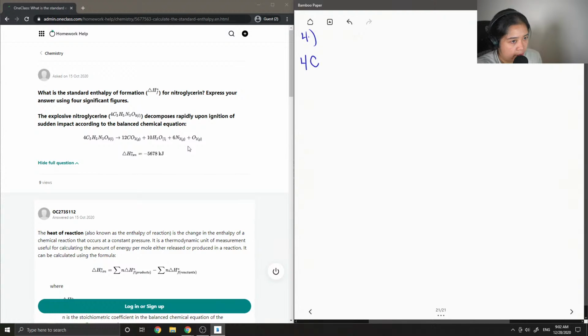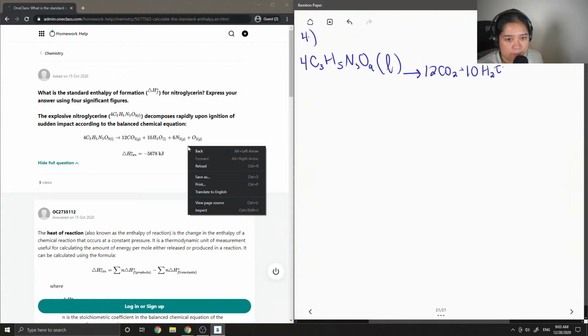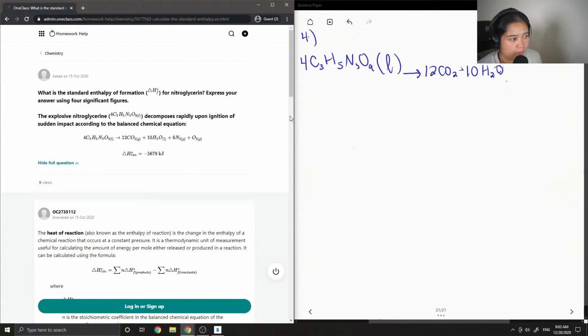So 4 C3H5N3O9. So this is the chemical formula of nitroglycerin. And then it decomposes to form carbon dioxide, water, and nitrogen.